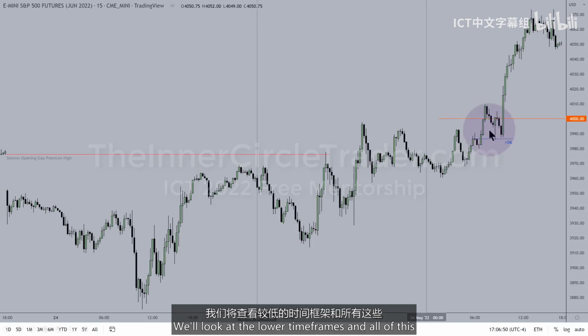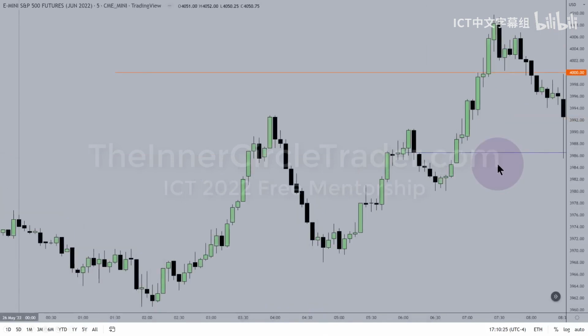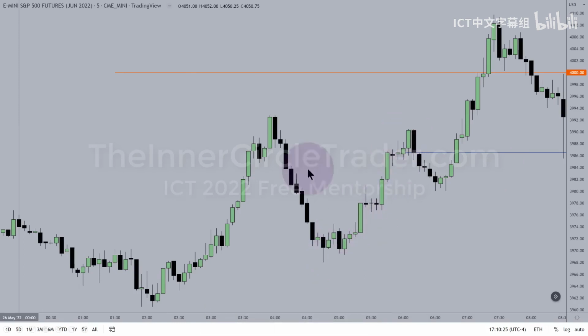We'll look at the lower time frames and all of this price action now. Into the 5-minute candle. This run here to here. This price leg is part of this price leg. Okay.